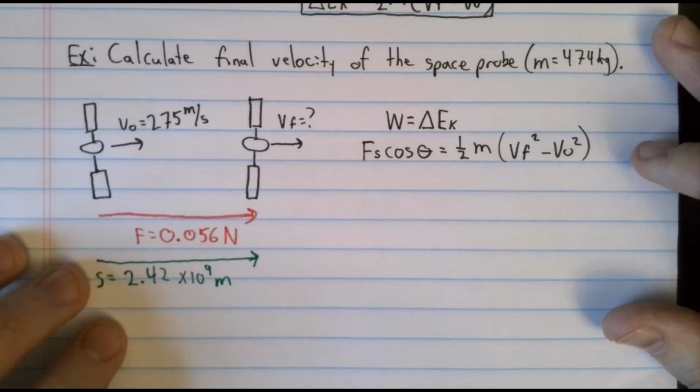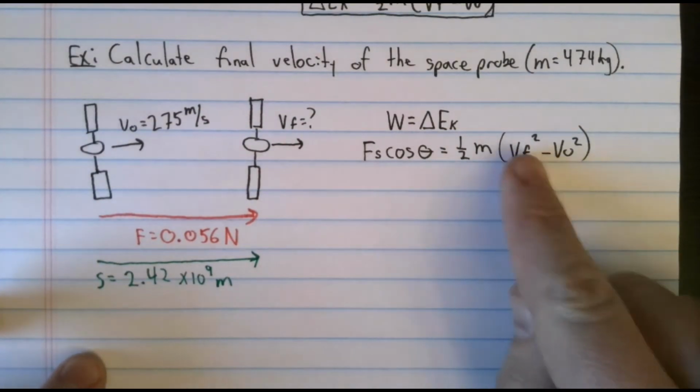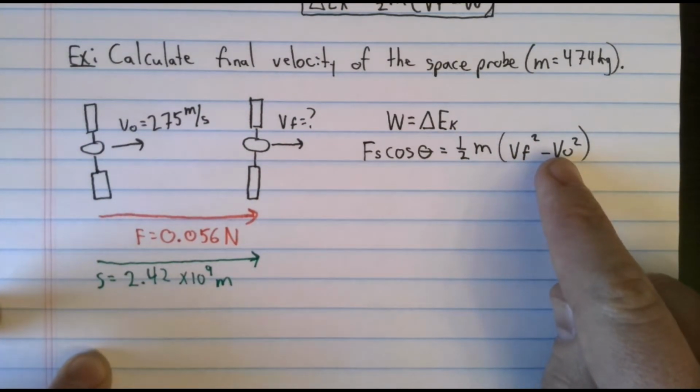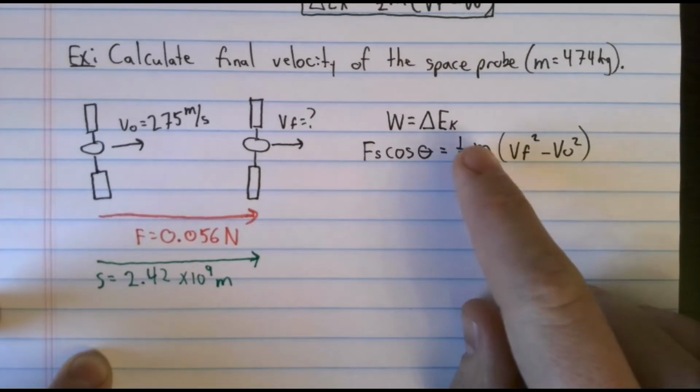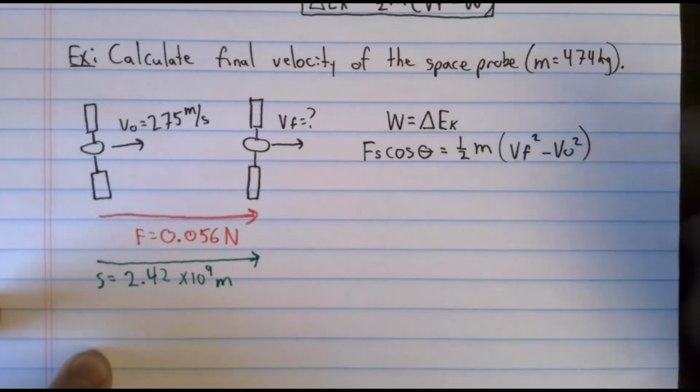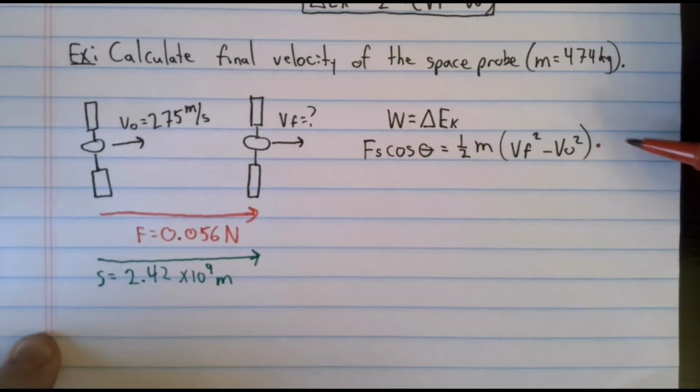Okay, now we have to solve for final velocity. Can't work inside the parentheses yet. First thing would be to multiply both sides by 2, divide both sides by m. Or you can think of it like this. Multiply both sides by 2 over m.